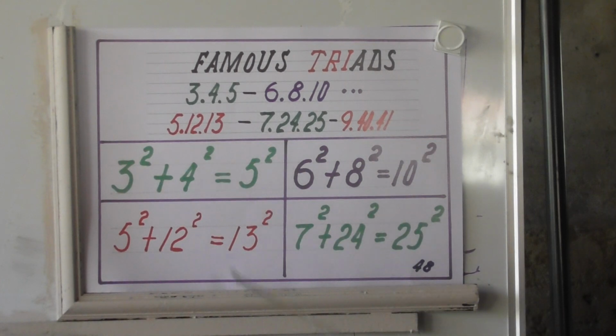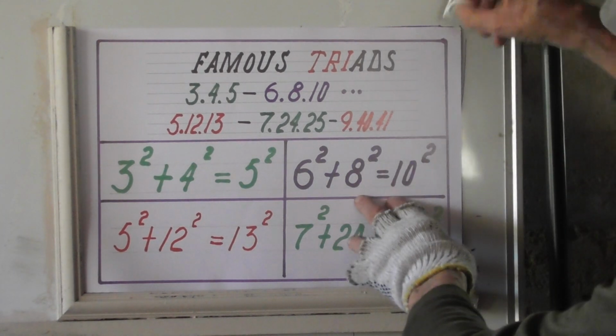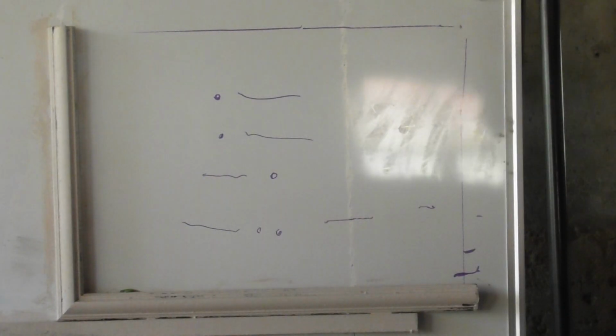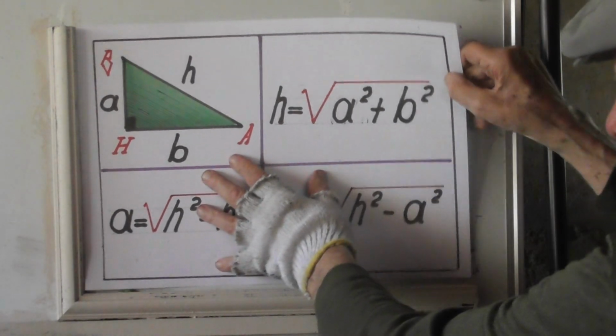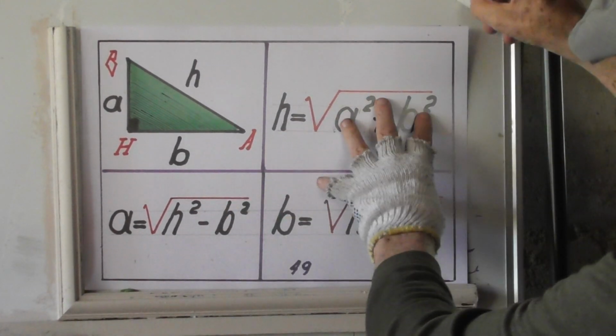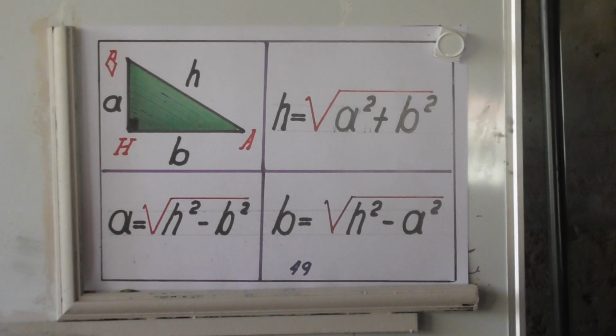This is the double of that. 7 squared plus 24 squared is 25 squared. This is amazing. Pythagoras. Forget about the word theorem. That's pedantic, typical school. It looks pedantic to think, yeah, this is a very important subject.